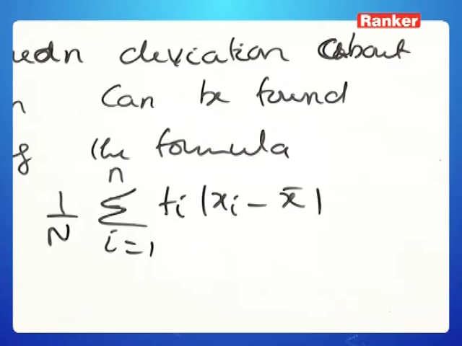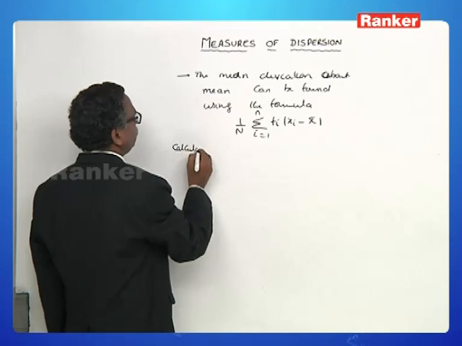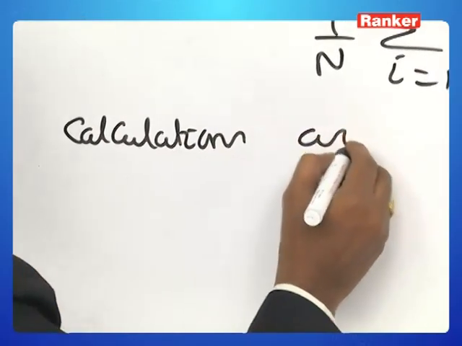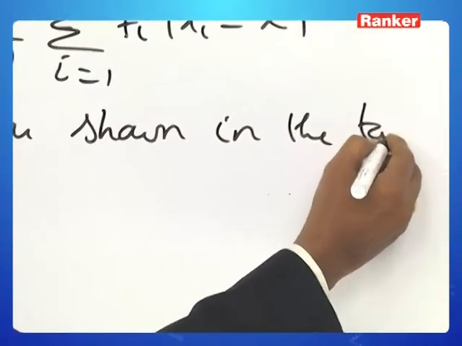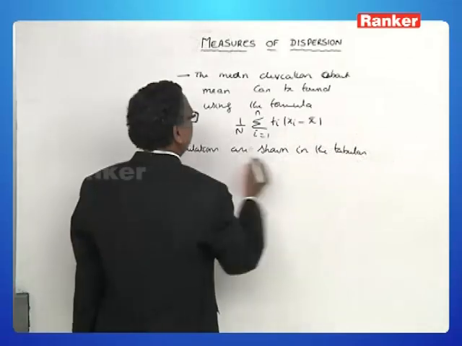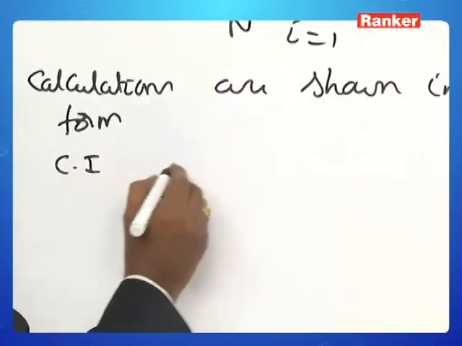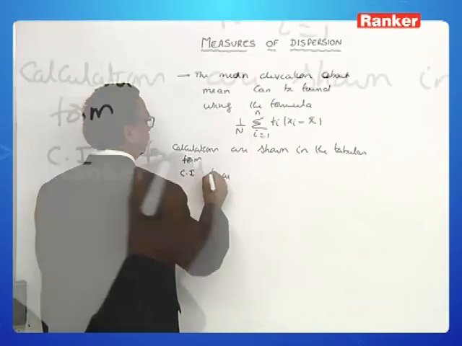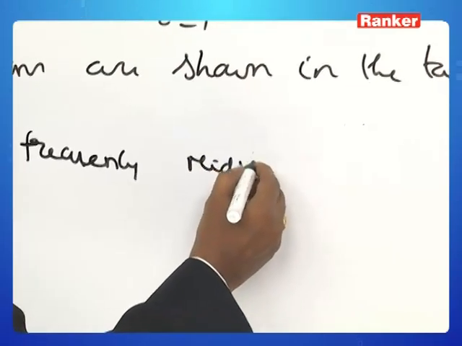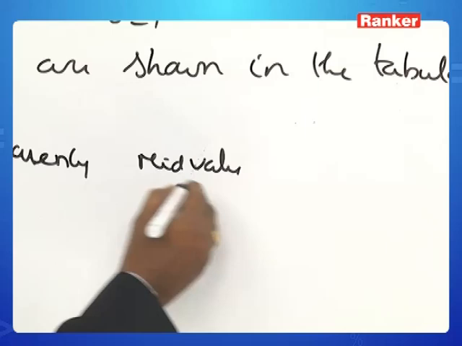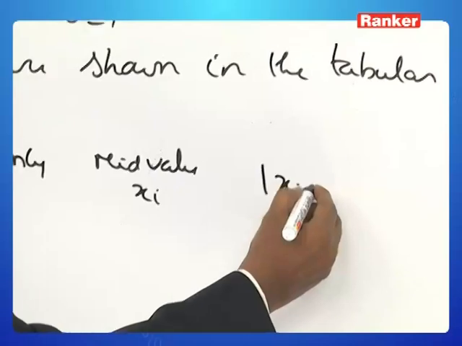The calculations are shown in the tabular form. Take the class interval first, then frequency, then mid value xi, Fi, and we write modulus of xi minus x bar.